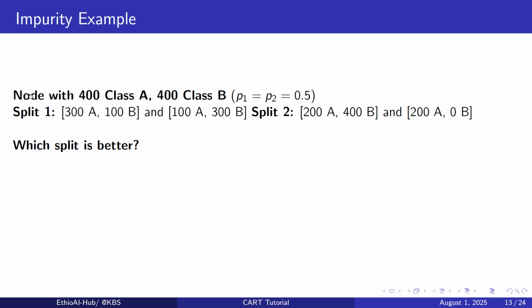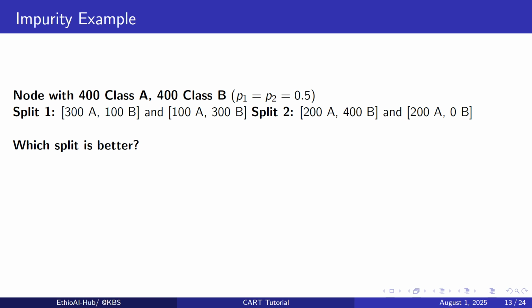For example, a node with 400 class A and 400 class B, so 0.5 proportion. Let's say split 1 gives 300A, 100B and 100A, 300B, and split 2 gives 200A, 400B and 200A, 0B.